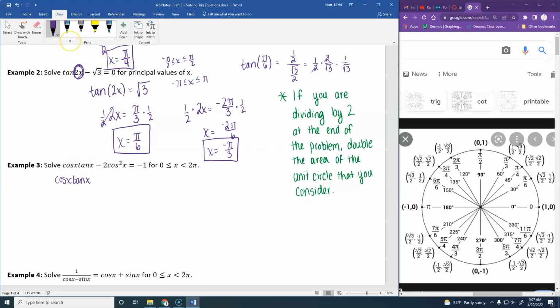And actually, I'm going to write this step. Alright, so let's put these in order, and I'm actually going to change the sign of everything so that I've got a positive 2 cosine squared x minus cosine tangent x minus 1 equals 0.